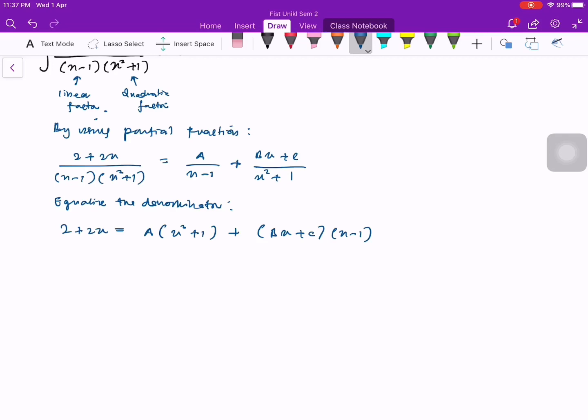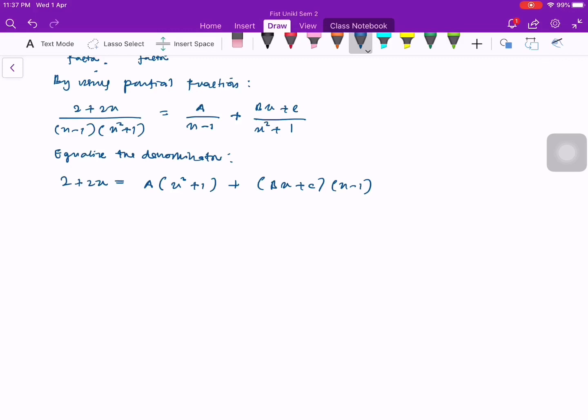After you equalize the denominator, both denominators are equal, so we don't have to write them. The next process is we use the substitution method, where we substitute values of x to get the values of a, b and c.